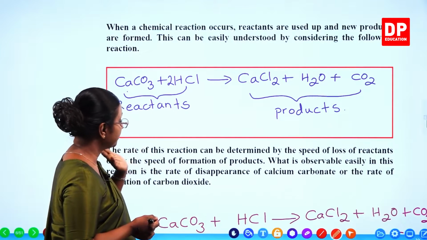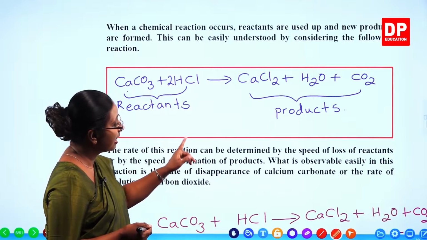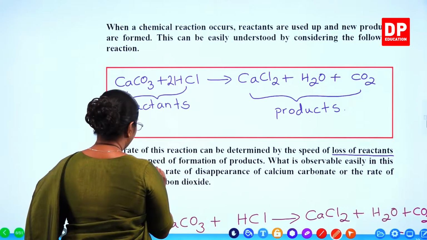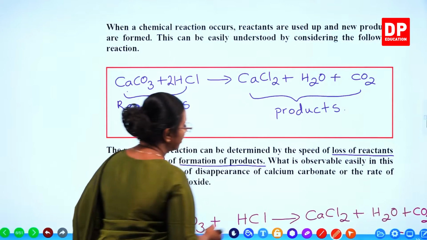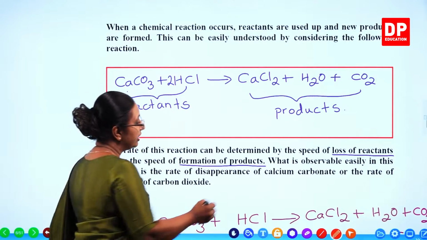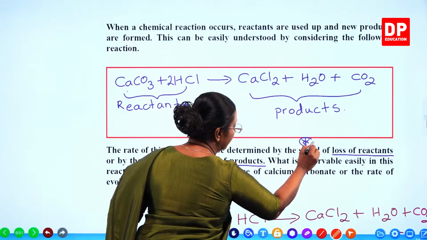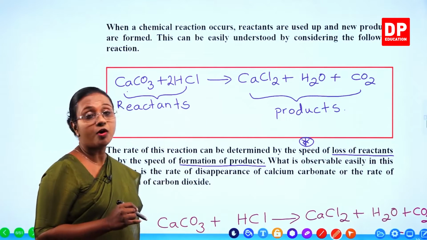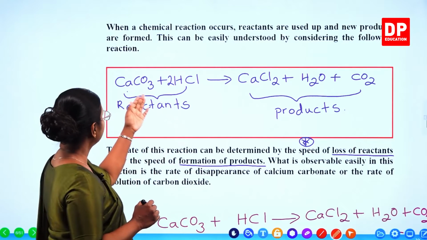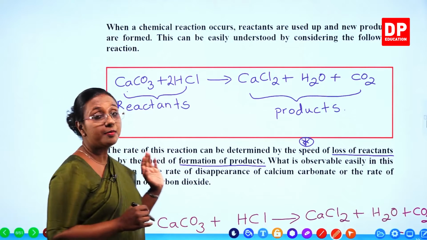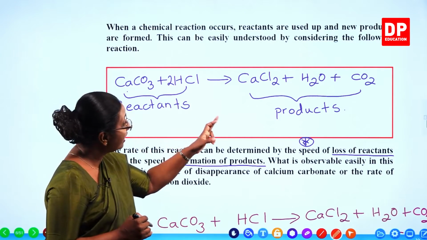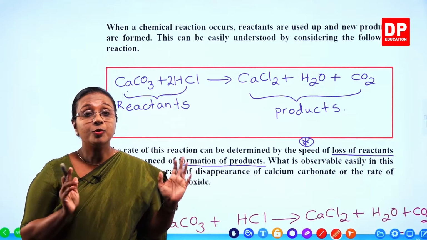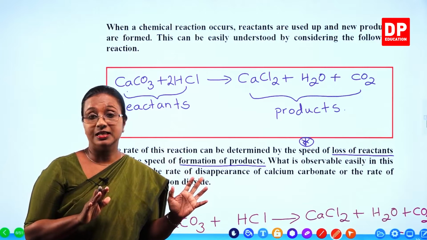Now, the rate of this reaction can be determined by the speed of loss of reactants or by the speed of formation of products. So, here we need to know the speed at which the reactants are lost or the speed of formation of products. Here you can see the calcium carbonate disappearing, and also you can observe carbon dioxide evolving. Both of them can be seen.